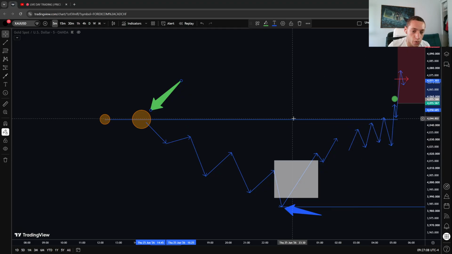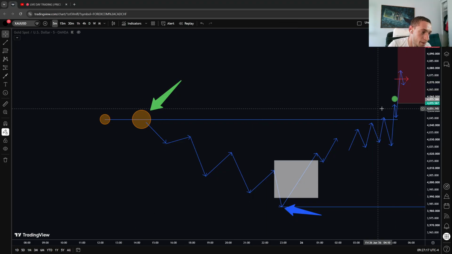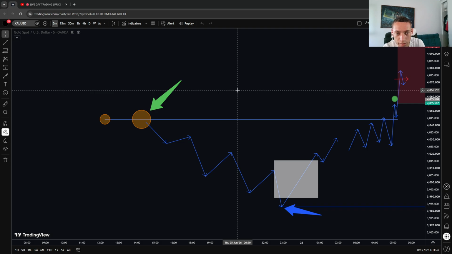So the way we approach that is where the market is going to be more sensitive to a lot of orders getting activated and price running. Then we also need to look at the higher time frame, because the higher time frame is going to tell us whether we are bearish or bullish, and if we are bullish on the higher time frame, we might be looking for buys, or vice versa.